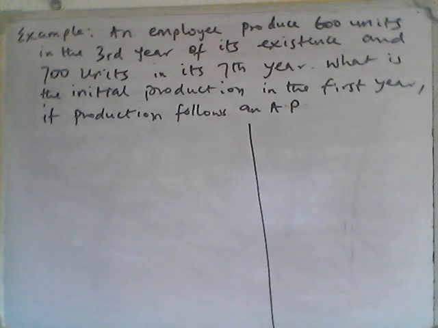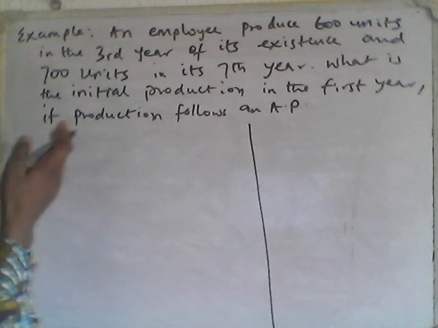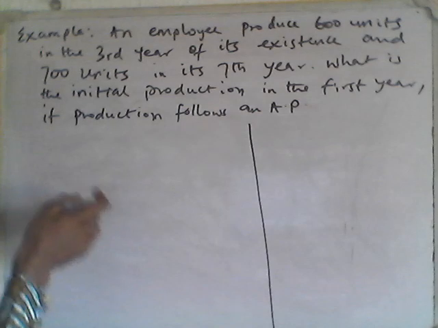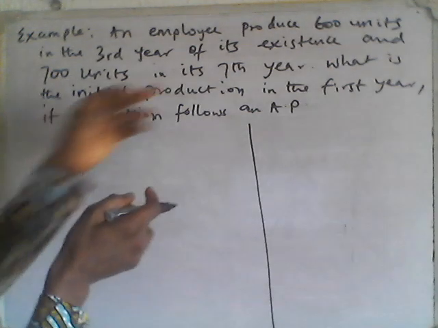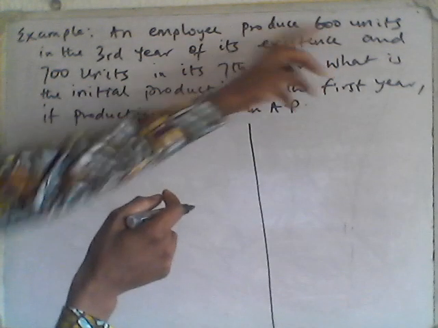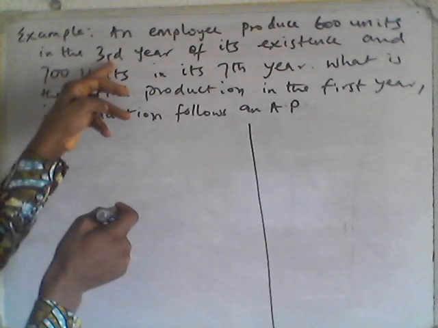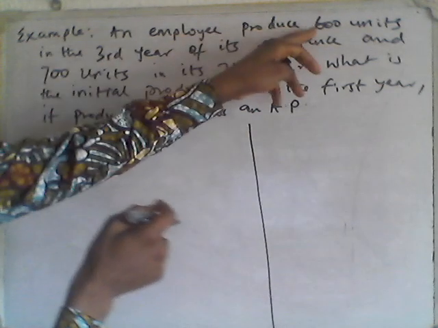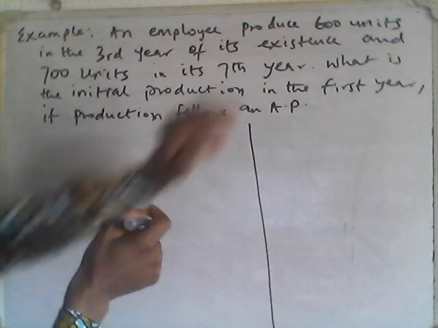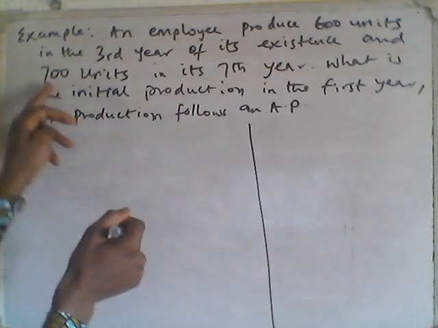There are two kinds of formulas: the nth term formula and the sum of terms formula. We can adapt the nth term formula for this case. This is the third term and this is what is inside that third term. This is the seventh term and this is what's inside that seventh term.